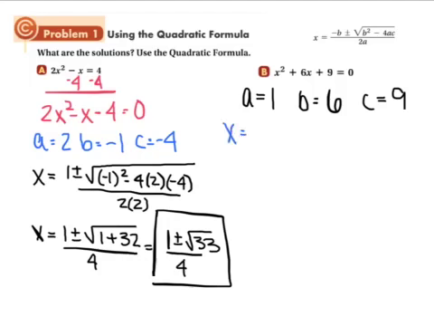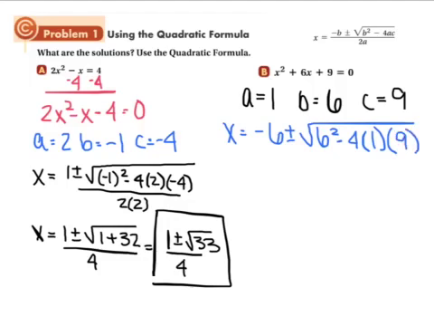X equals the opposite of b plus or minus the square root b squared minus 4ac all divided by 2a. Now simplify.